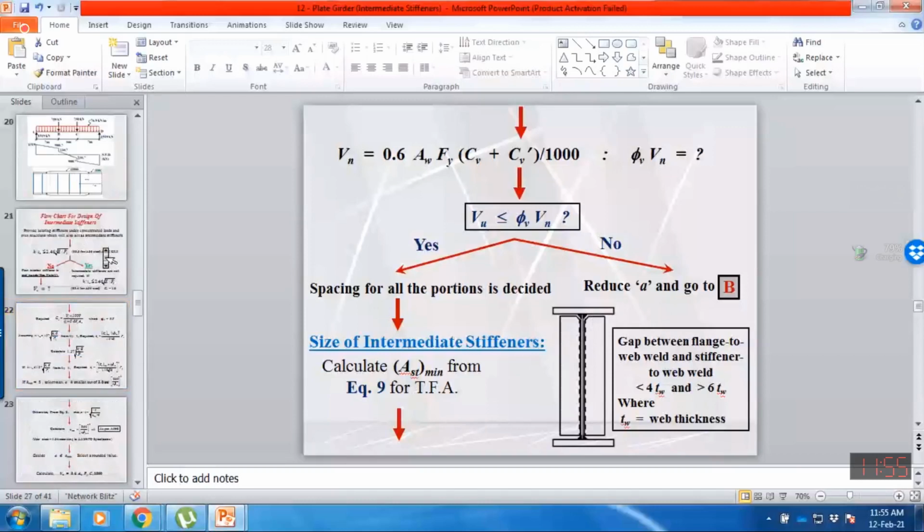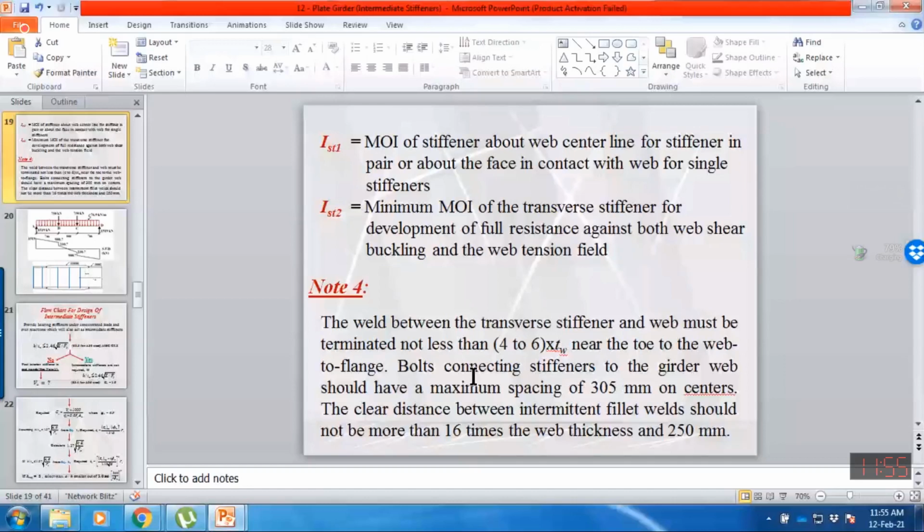Bolts connecting the stiffener to the girder web should have a maximum spacing of 305 mm on center. If we are connecting the stiffener with the help of fasteners, for example a stiffener may be an angle section with the web, then the maximum spacing of the fastener should not be more than 305.